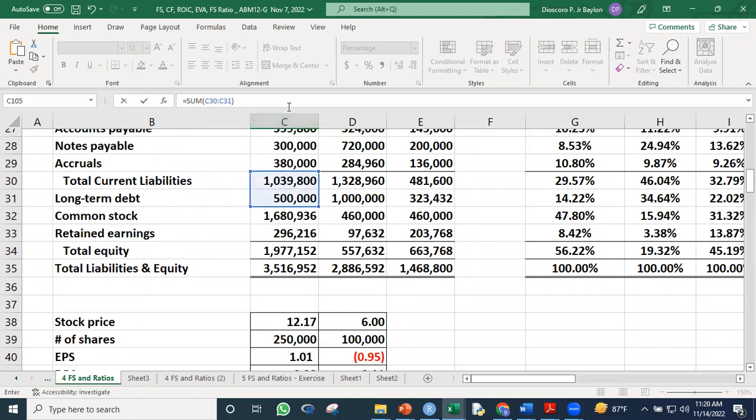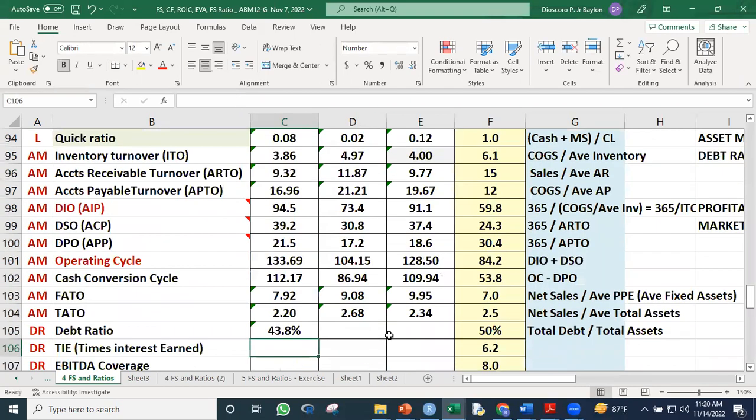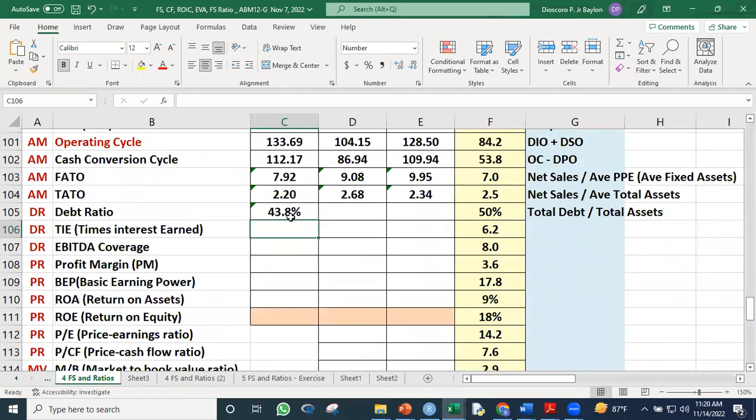And then divide it by the total assets, which is, let me get that from here. Or I could have used this. Okay, then copy to the right.